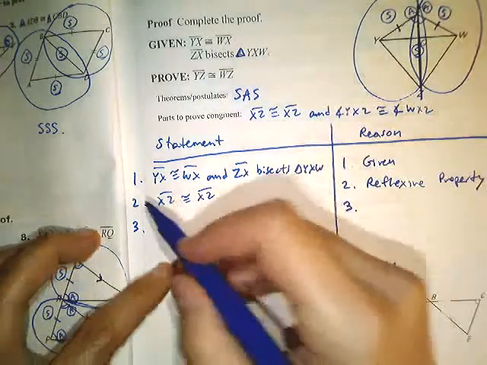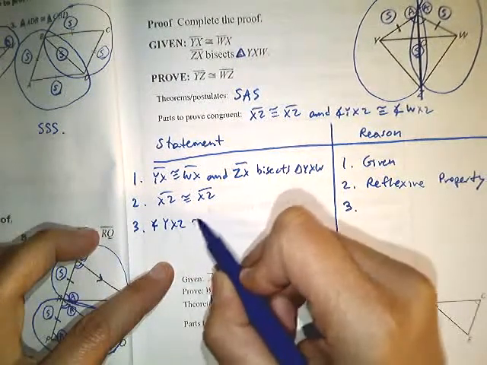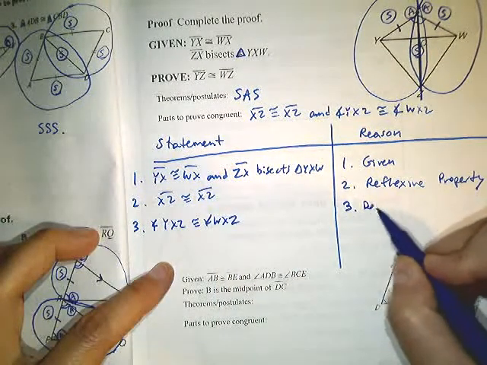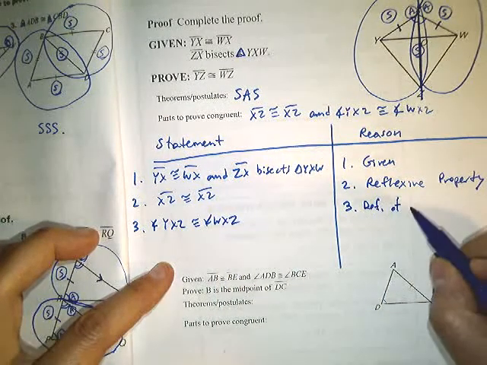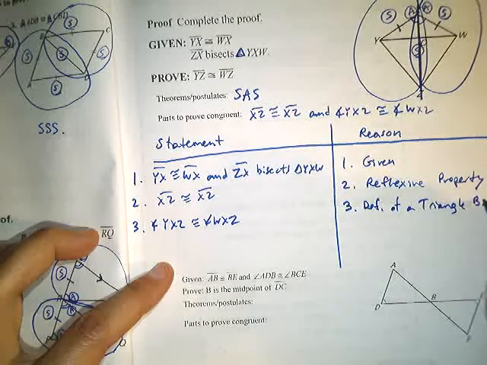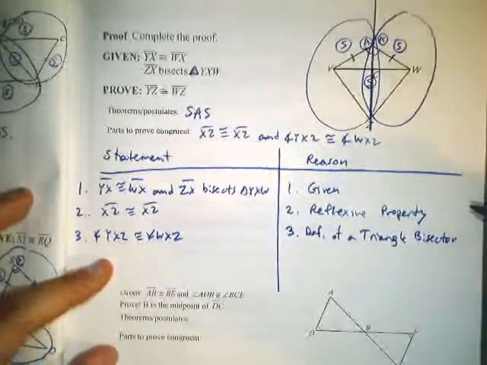That means that those two corners would have to be congruent. So angle YXZ would be congruent to angle WXZ because of the definition of a bisector. Bisect means to cut exactly into two equal pieces.